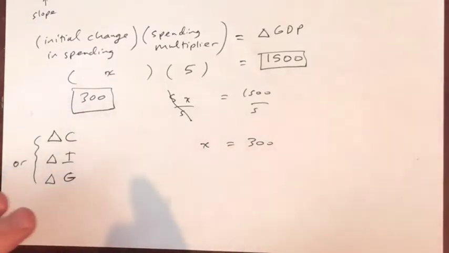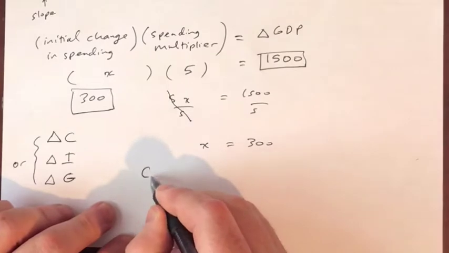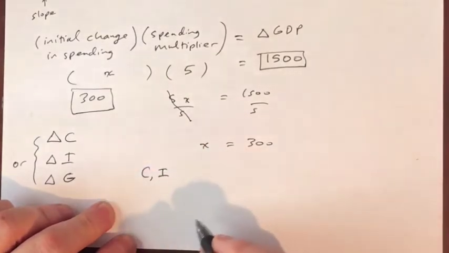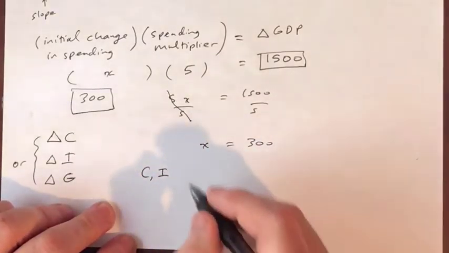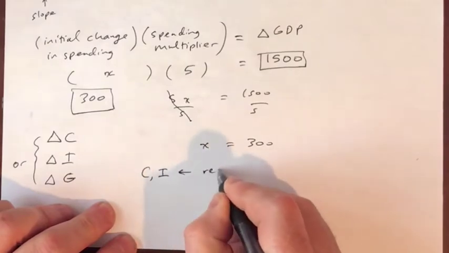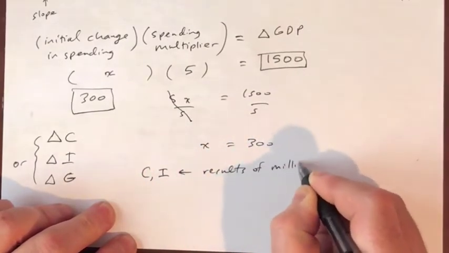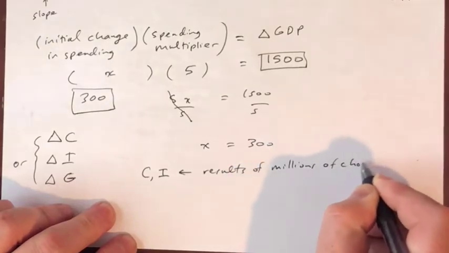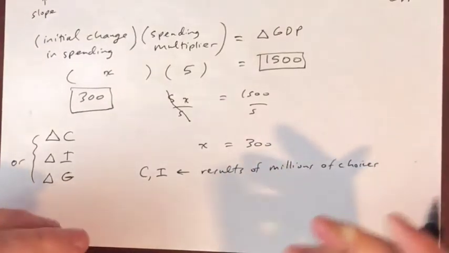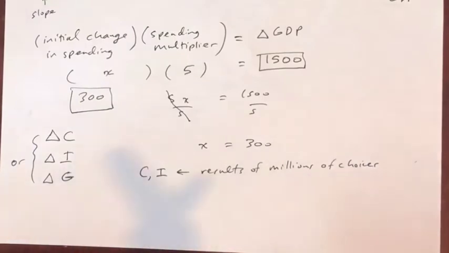But here's the thing: consumption and investment are hard to change. These are the results of many millions of choices. The consumer spends the amount the consumer spends. There are millions of consumers out there, millions of households. We want them to spend more. That's hard to do.